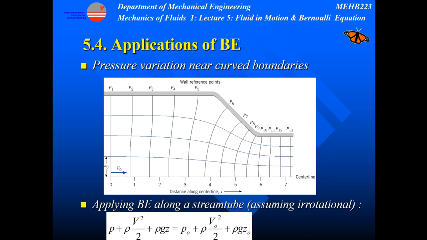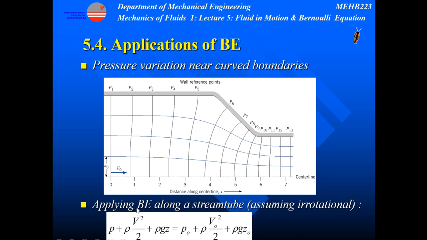Okay, but here the fluid is outside. So meaning you want to measure the pressure variation at the surface of a body, for example. Okay, so there is pressure variation. So it depends on the location on the surface.